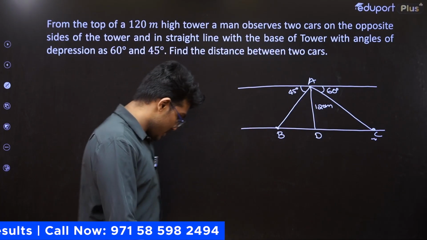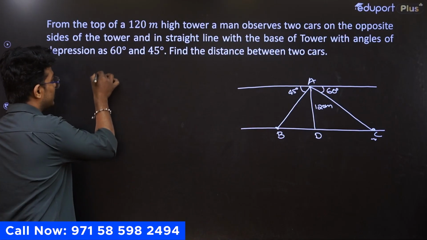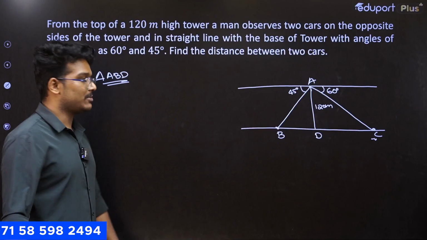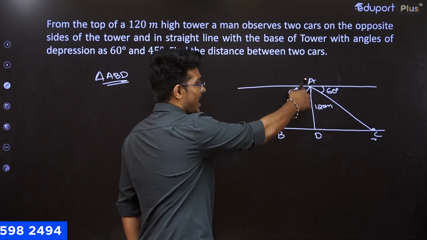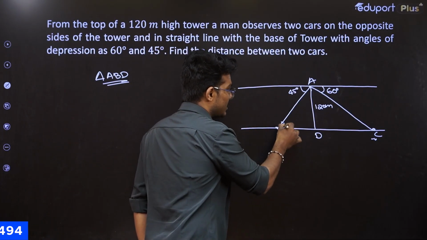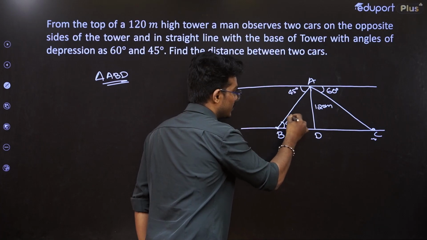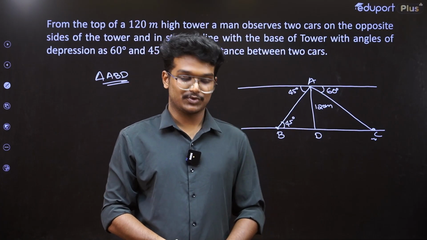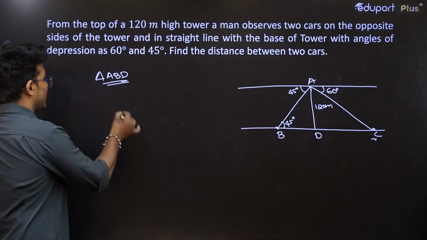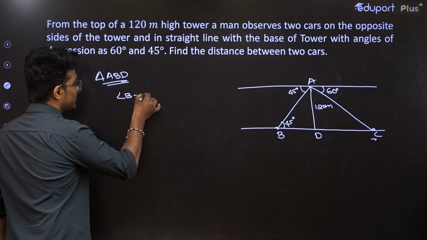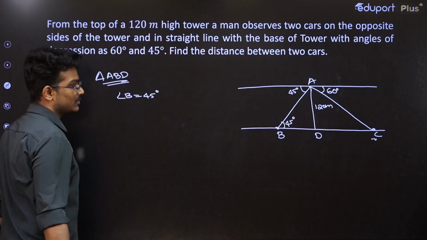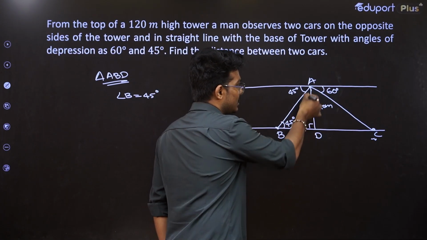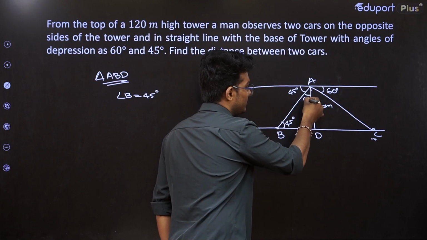So first of all, I'm considering the triangle ABD. If this angle is 45 degree, then angle B is also 45 degree because they are alternate angles. So first of all, I am writing that angle B is equal to 45 degree. If this angle is 45 degree and this is 90 degree, then here also it will be 45 degree.